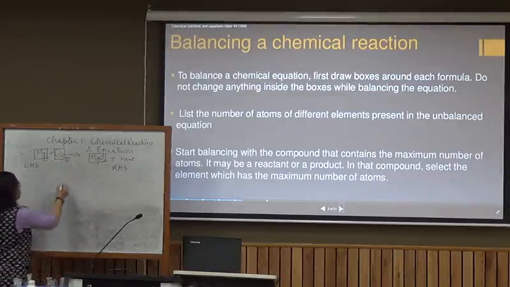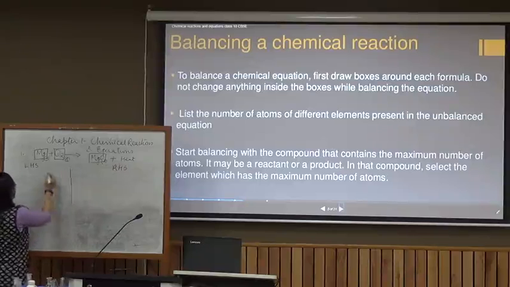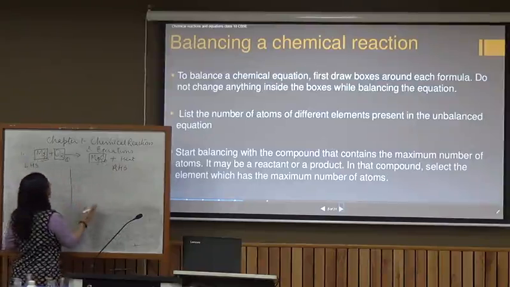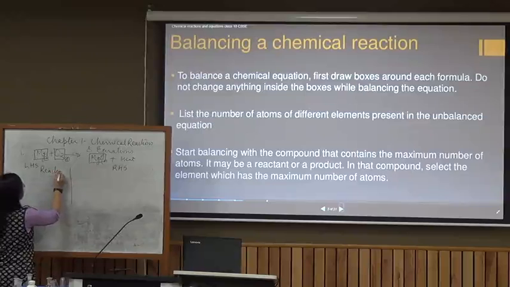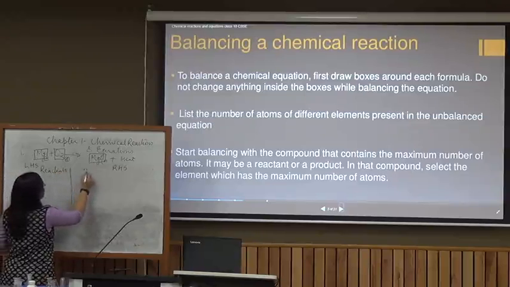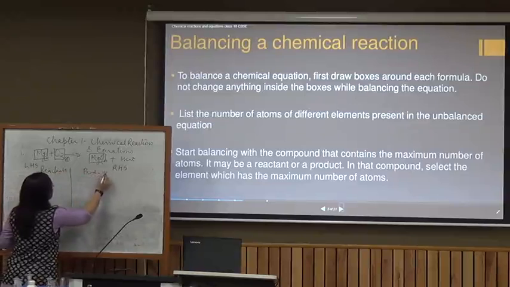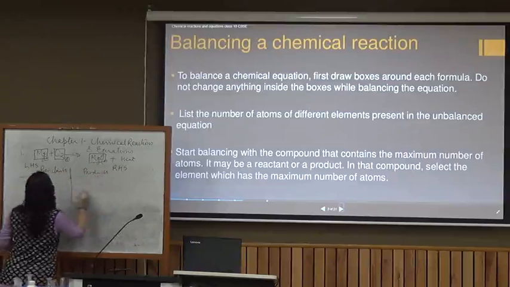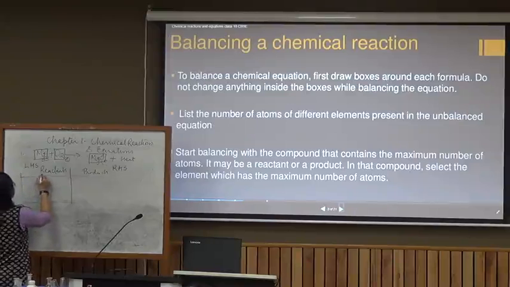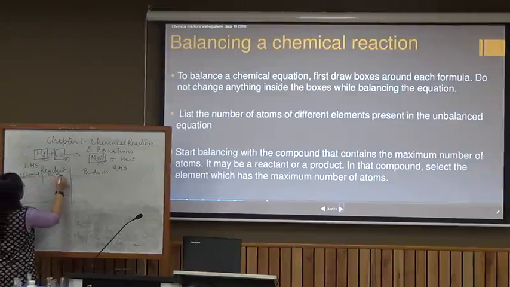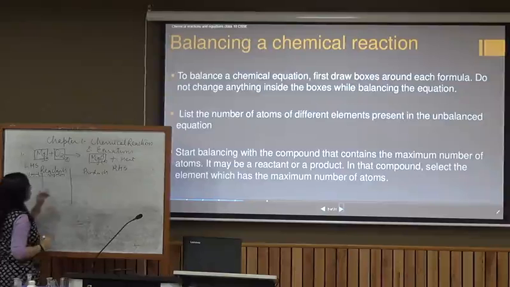Now what we look at, we draw a table. We draw a table of the reactants on the left hand side and products on the right hand side. So this is about reactants and this is about products. And here we list all the elements involved in the reaction. So here the element and the number of atoms of each element is to be listed here.